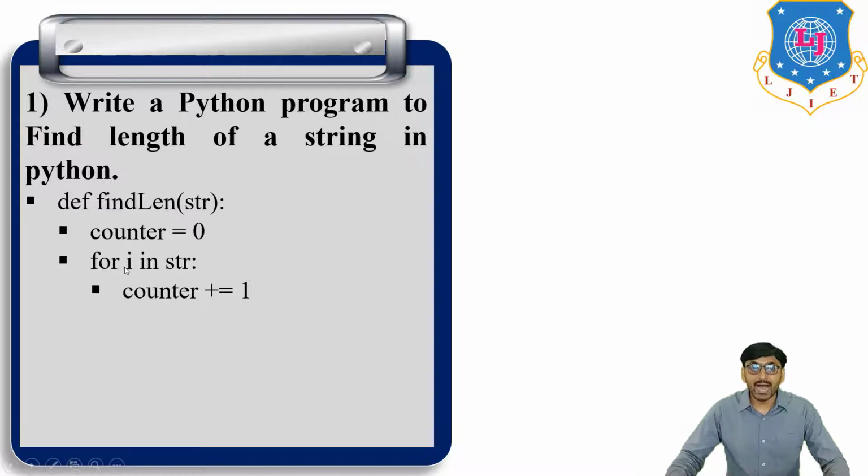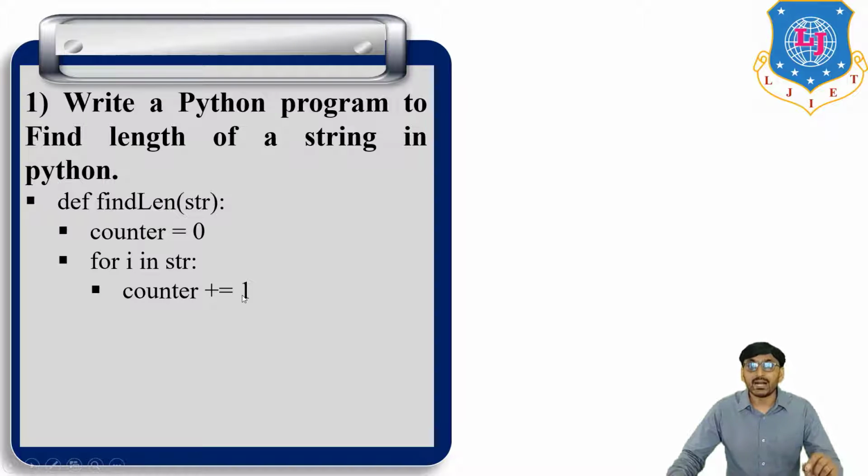Then for i in str. Now this for is one type of loop. Normally there are two types of loop, for loop and while loop. So here there is a for loop. So for i in str, it means for every element of str, counter plus equal to 1.